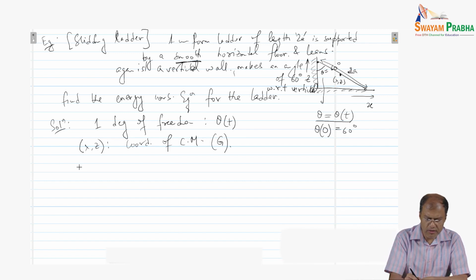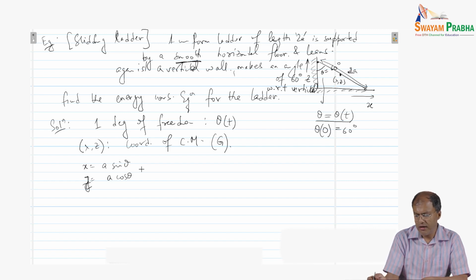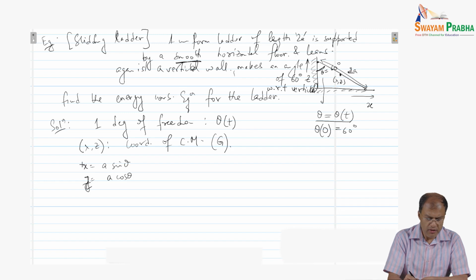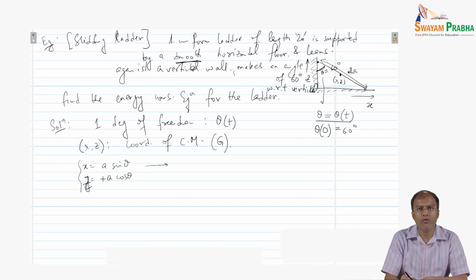And what we have is that x is a sine theta and z is a cos theta, where theta is this angle with the vertical, right? So a cos theta and a sine theta. Okay, so that is what we have, and now we can write down the respective velocity components.